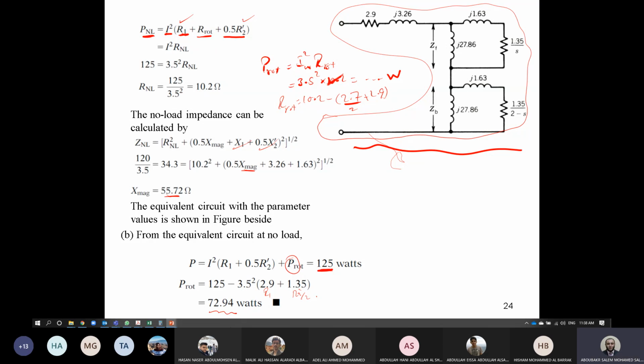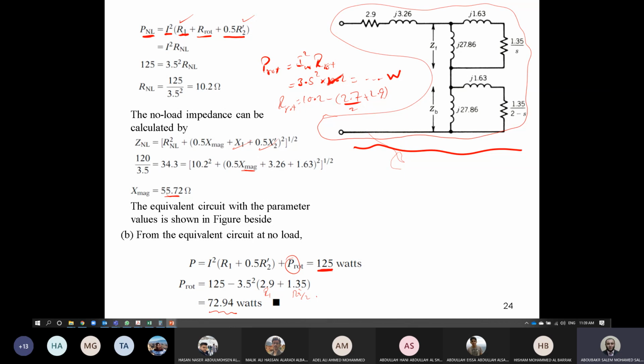By the way, we consider rotational losses constant during the operation, whatever the loading condition. Why? Because it consists of two parts. One part is the mechanical loss due to friction, and we consider the friction loss constant because the change of the speed from no load to full speed will not be very high. So we assume constant friction loss.